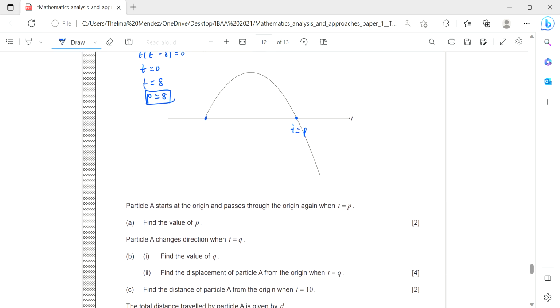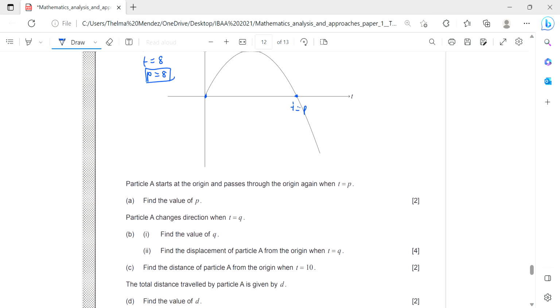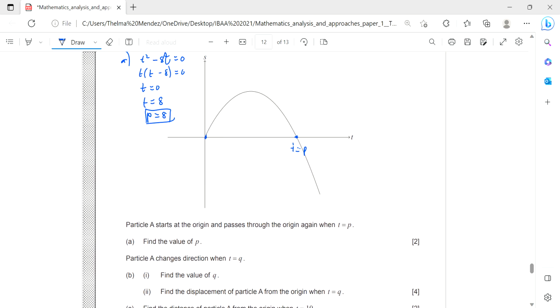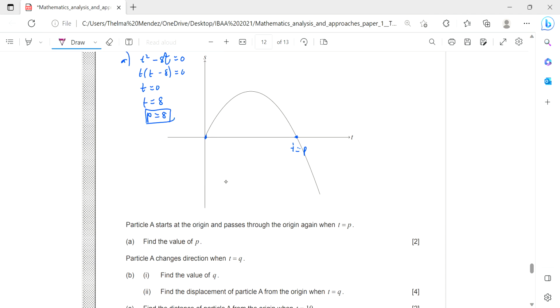Particle A changes direction when t equals q. Find the value of q and find the displacement of that particle at that time t equals q. There are two ways we can find the answer. First, we can find the point where it changes direction. So it changes direction here at the maximum point when t equals q.